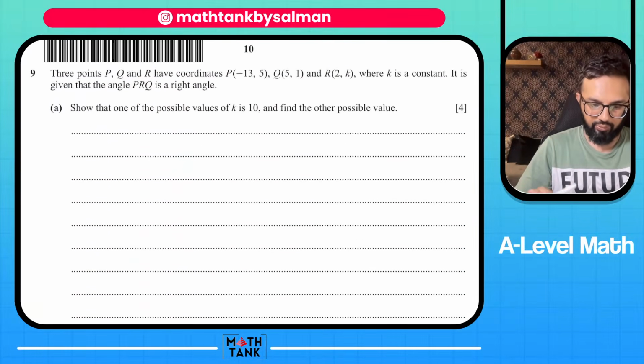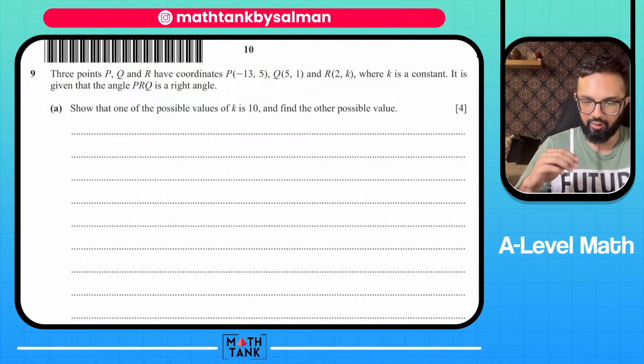Moving on, we have question number 9. It says 3 points P, Q and R, with coordinates like this, where k is a constant. It is given that the angle PRQ is a right angle. Find the possible value of k is 10 and find the other possible value.